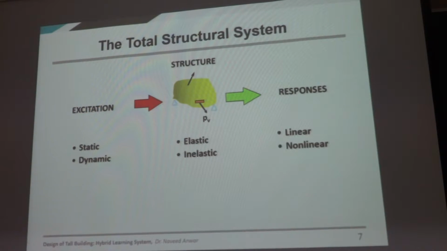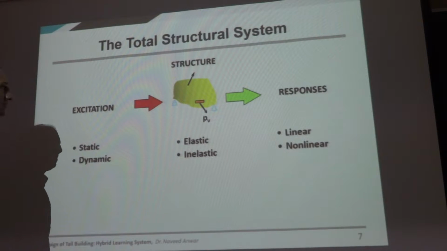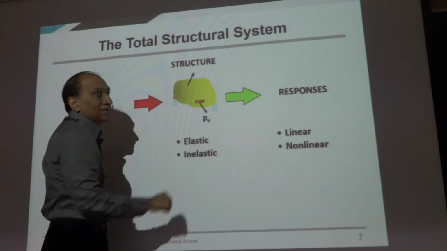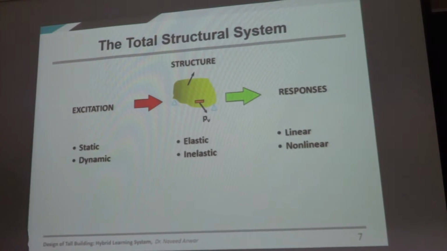But that is not enough, as you can see, that the linear, elastic, static response is not going to be enough. And obviously, we are going to do the highest one, the most complicated one, the complete one, which is dynamic, inelastic, non-linear. And that is what the real structure will be doing.